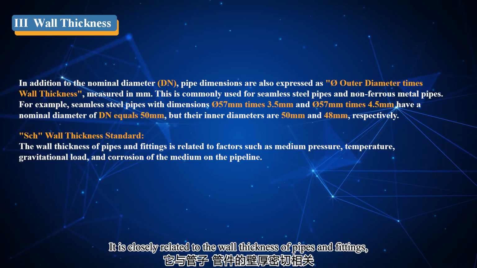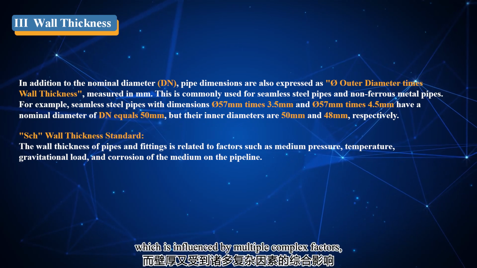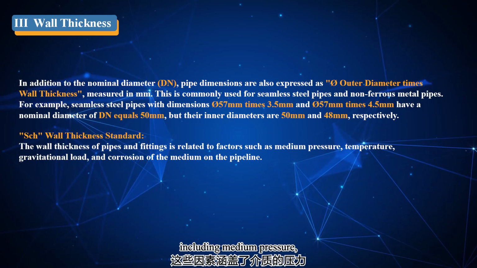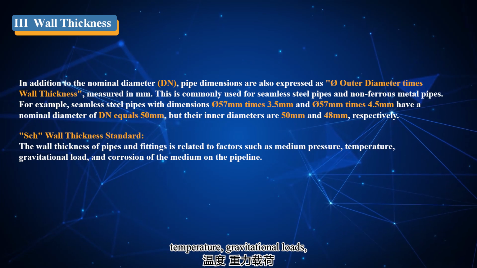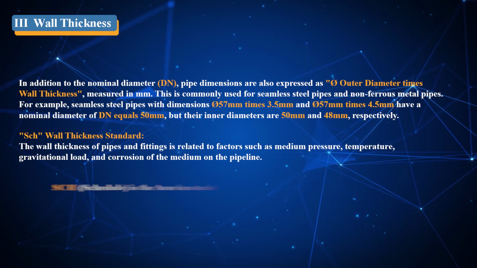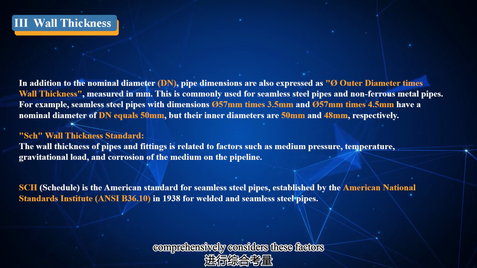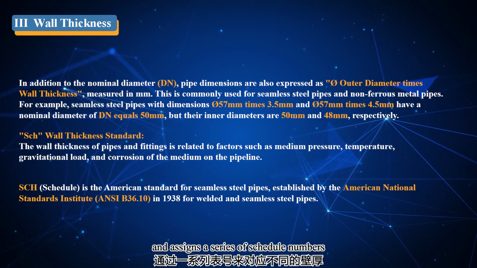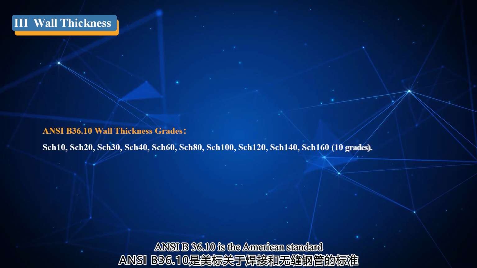It is closely related to the wall thickness of pipes and fittings, which is influenced by multiple complex factors, including medium pressure, temperature, gravitational loads, and corrosion caused by the medium. The schedule standard comprehensively considers these factors and assigns a series of schedule numbers to correspond to different wall thicknesses.